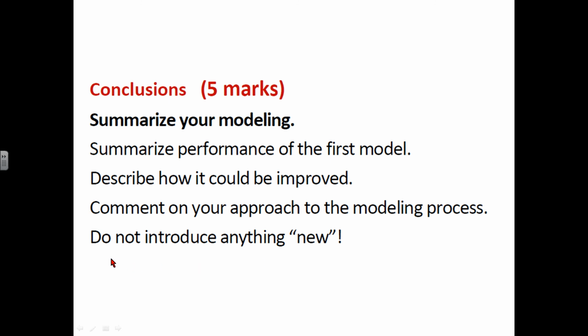It's very tempting to talk about further work. Sometimes you write reports saying new things that you might attempt, but this report is assuming that you do not do that. So do not include anything new in the conclusion section. It's merely reporting, highlighting, if you like, things that you've seen in the previous sections in your report.